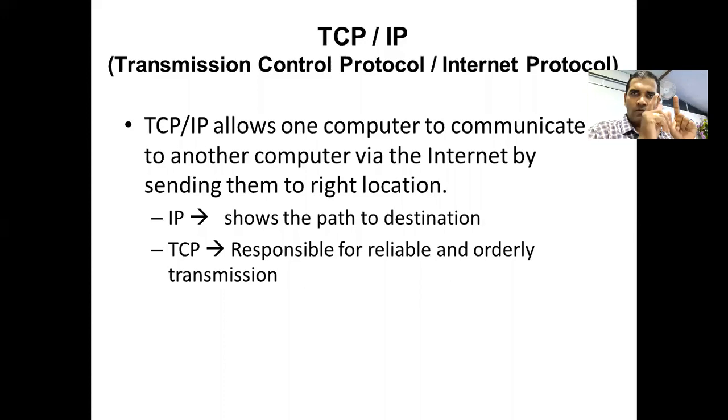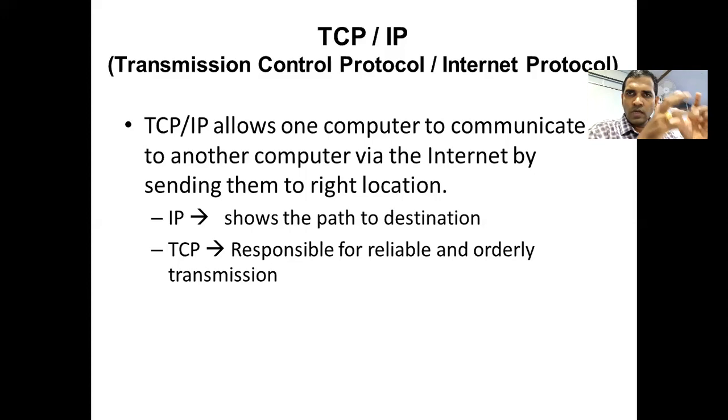I repeat it. Whenever a sender sends data, it will be divided into pieces, and every piece will travel along a different path. At the receiver end, they will be reassembled.